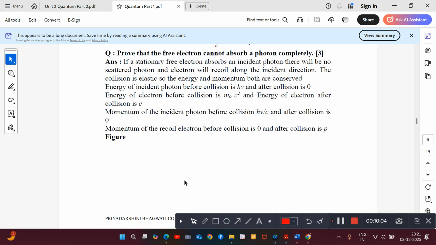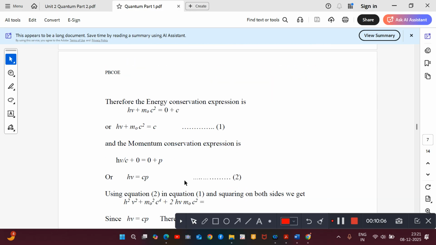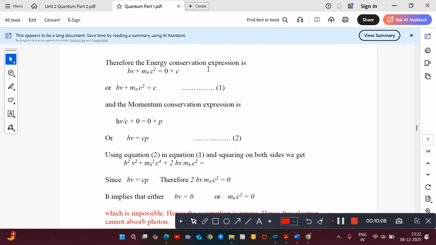In this method, you can observe I have just put the law of conservation of energy expression. This is energy of incident photon plus energy of rest electron equal to 0 plus C. Now why have I taken this term 0? Because it is showing that if the photon is absorbed by the electron, then after collision what will happen?